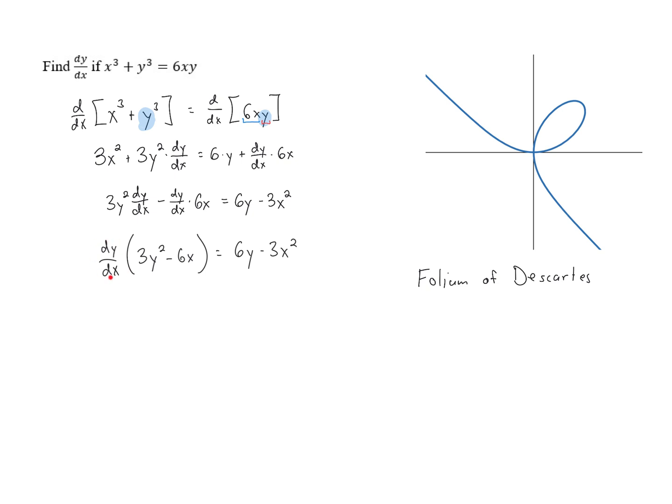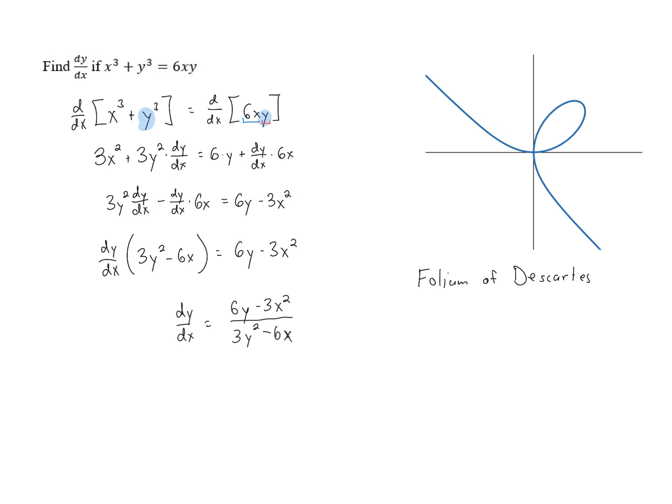And if we want to get the dy over dx alone, we need to divide both sides by 3y squared minus 6x. If we do that, that is going to isolate the dy over dx, and we're going to have on the right-hand side the 6y minus 3x squared divided by that 3y squared minus 6x. And there is one thing we can do to simplify.